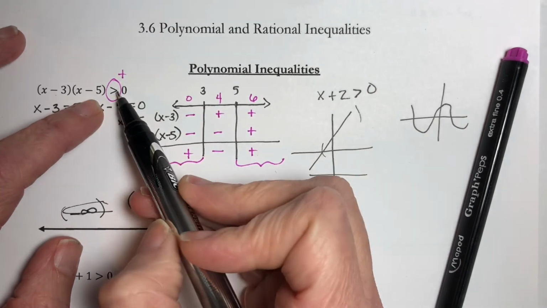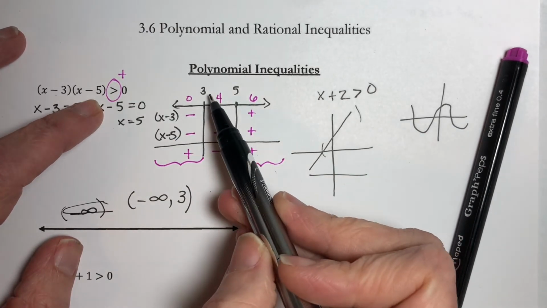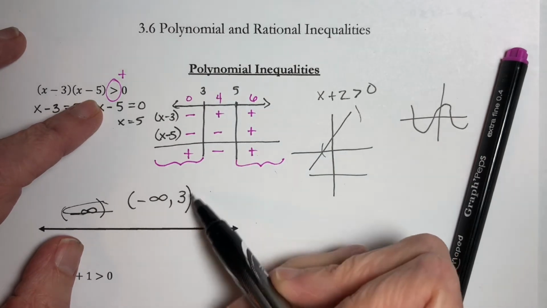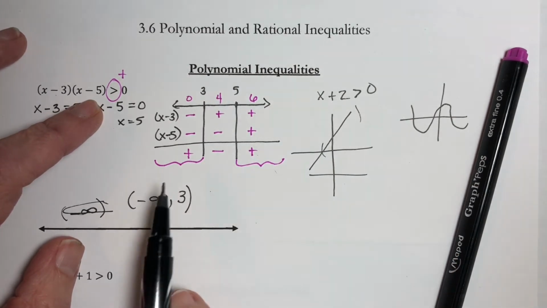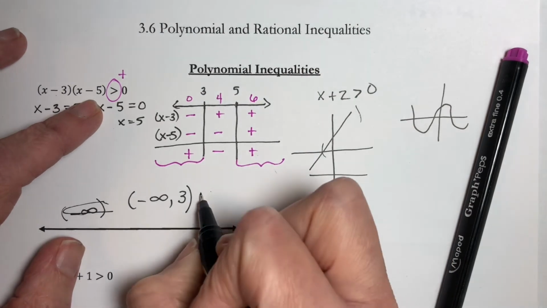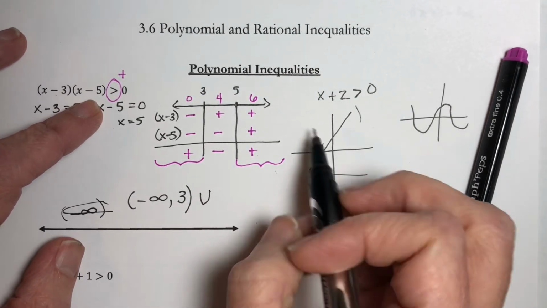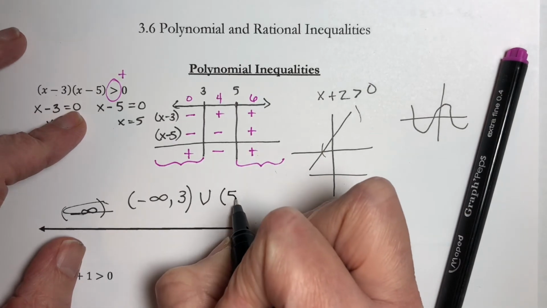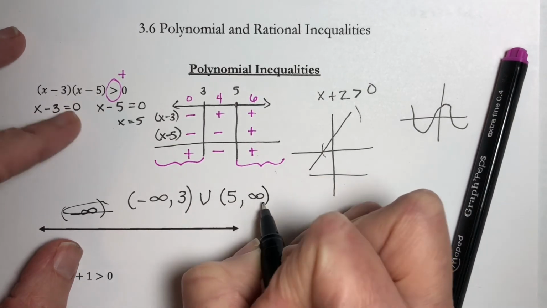If this had been greater than or equal to, I would be allowed to include 3 because it would equal 0 when I plug that in, and it would have a bracket. Now since I have two regions, I have to do union and then do the other one. And the same thing happens with this 5 as an endpoint. It's going to be parentheses, and it goes up to infinity.